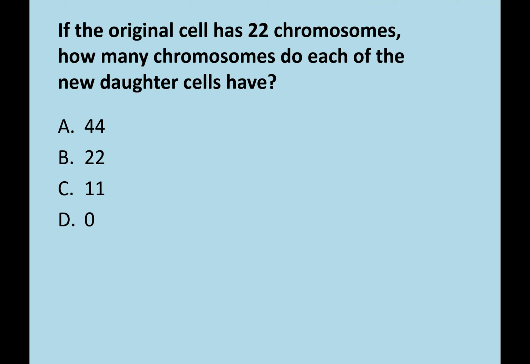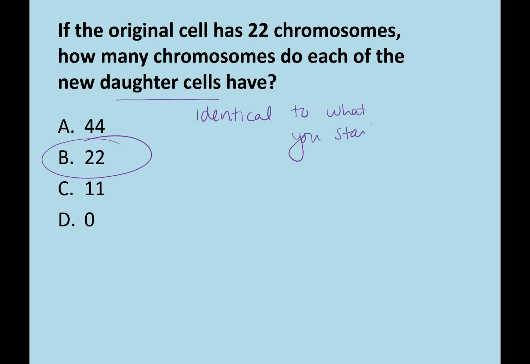All right, how about this one? If the original cell has 22 chromosomes, how many chromosomes do each of the new daughter cells have? The answer is 22, because the daughter cells are identical to what you started with.